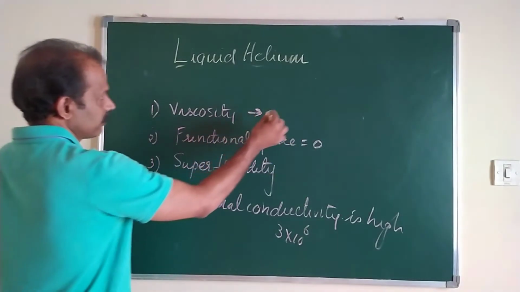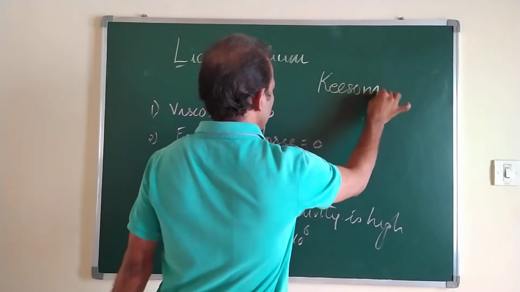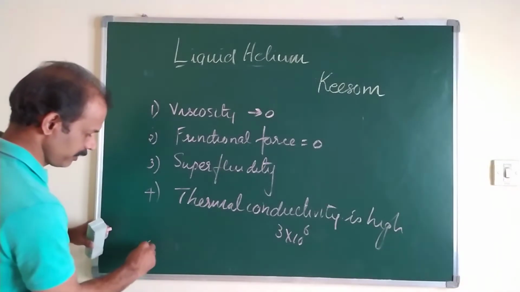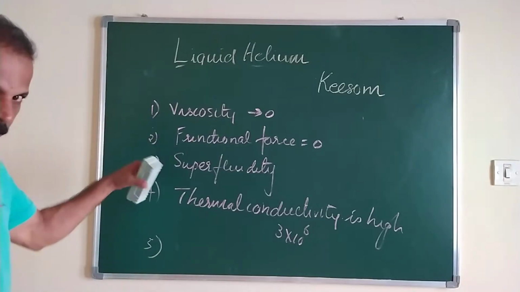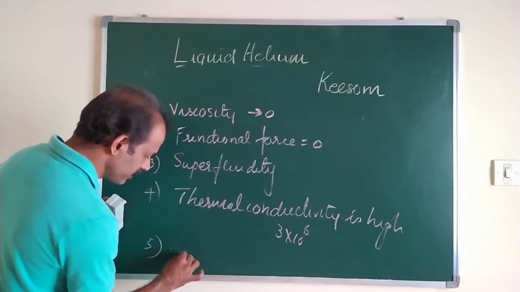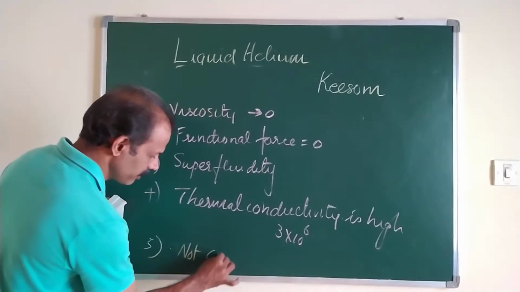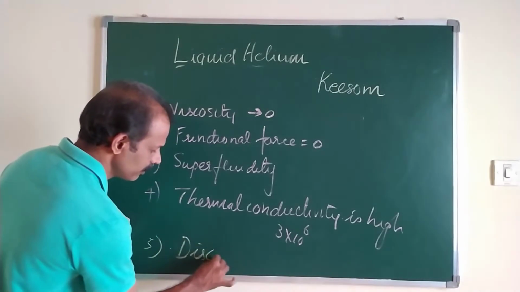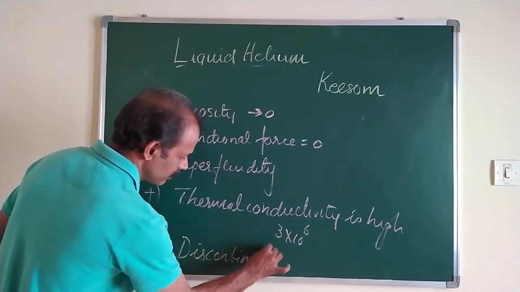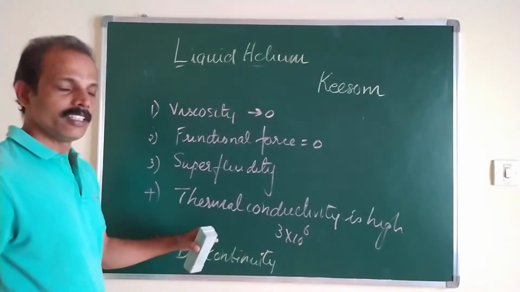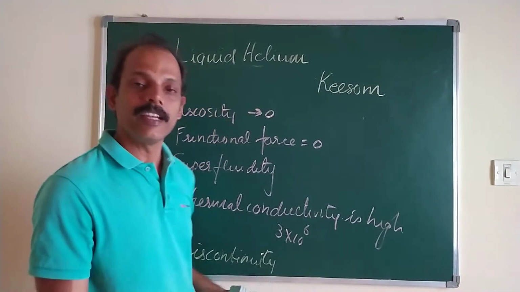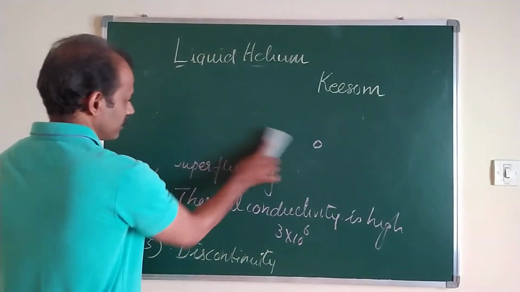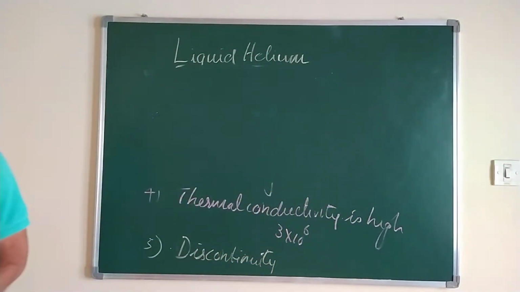Then the scientist Hazen determined the heat capacity of liquid helium and found that there is a discontinuity in the curve of specific heat of liquid helium. We can draw the curve.